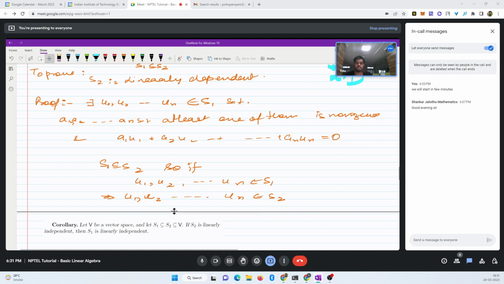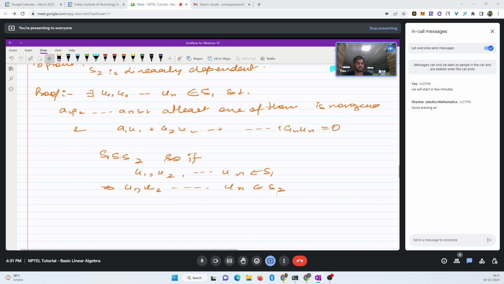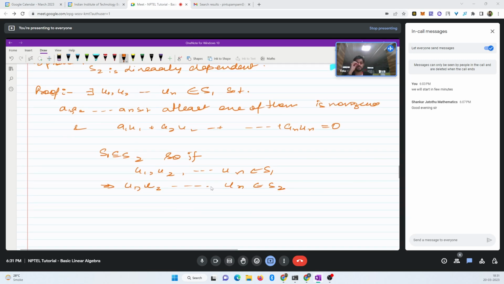Because S2 is a superset of S1. Now, because this belongs to S2, and we already found such a pair, so that A1 U1 plus A2 U2 plus An Un is 0, what does this imply? That S2 is linearly dependent.